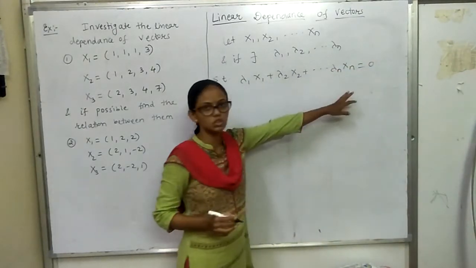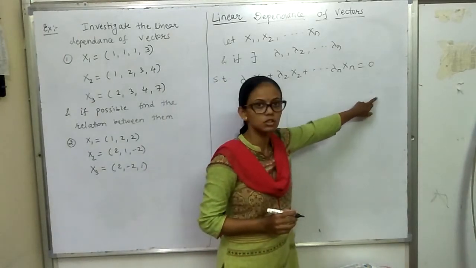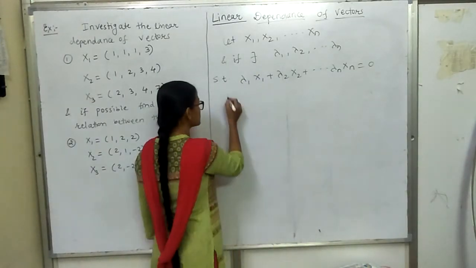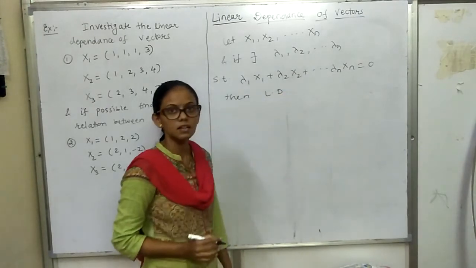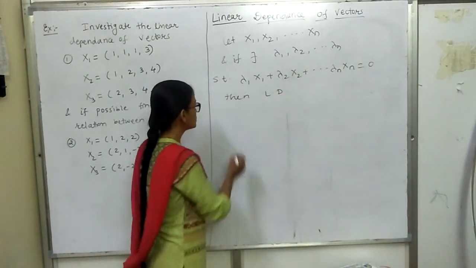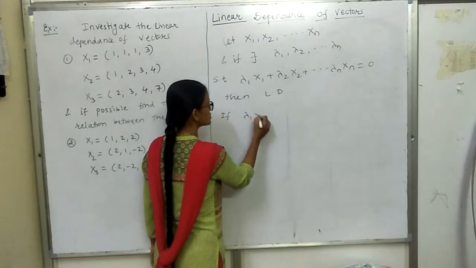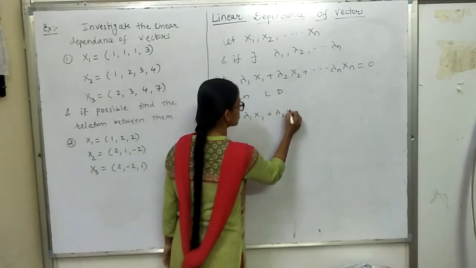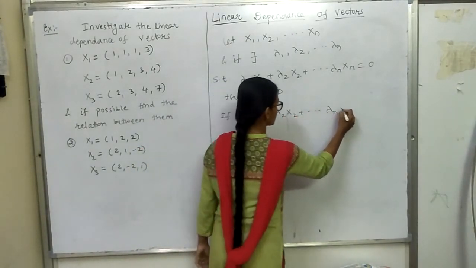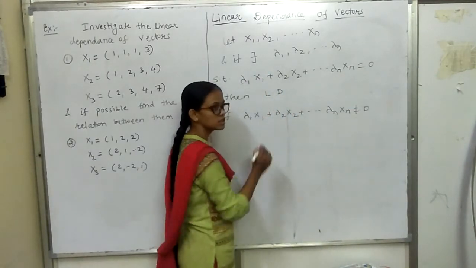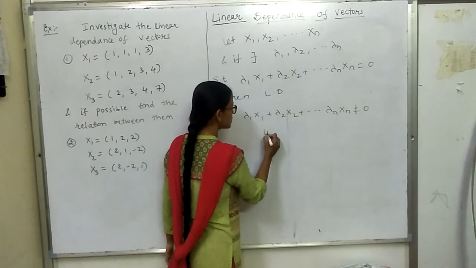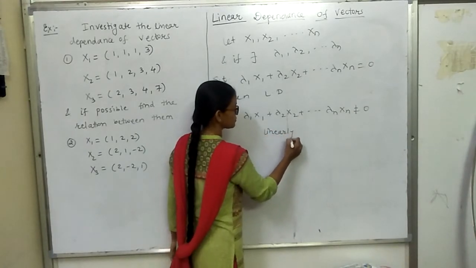If the linear combination is equal to 0, then we say the set of vectors is linearly dependent. But if this is not equal to 0, then we say the given set of vectors is linearly independent.